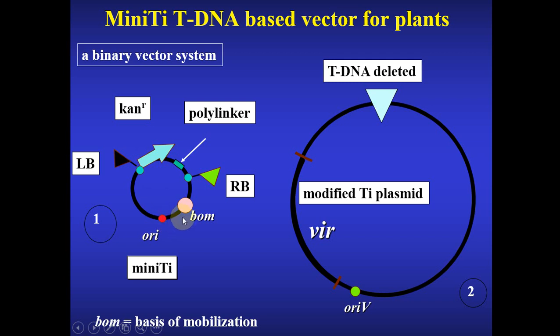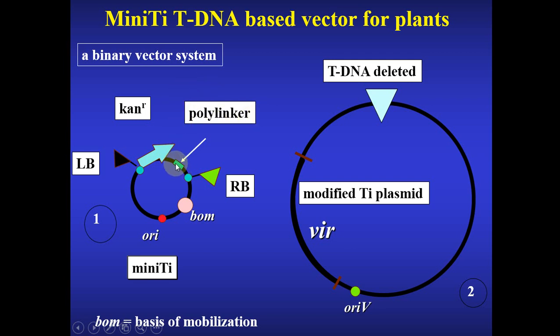These are ori and bom. Bom is the basis of mobilization, required for mobilizing this region or tDNA to the plant cell. But here we are removing tDNA. So whatever gene you are attaching here in the polylinker site, what is a polylinker site?